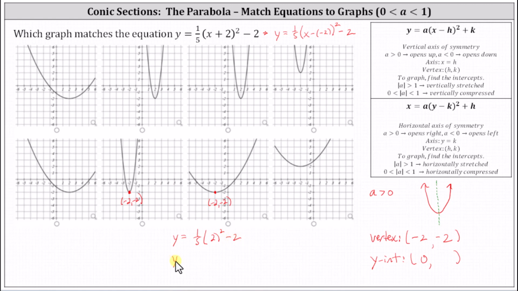Simplifying, the square of 2 is 4, 1/5 times 4 is 4/5. 4/5 minus 2, or 2 over 1, where the common denominator would be 5. Notice we have 4/5 minus 10/5, which is negative 6/5.